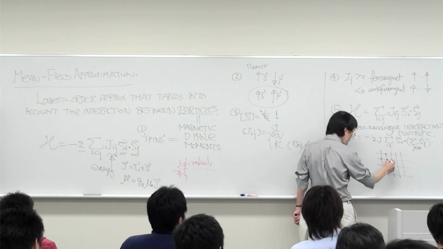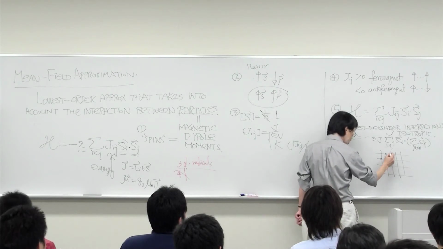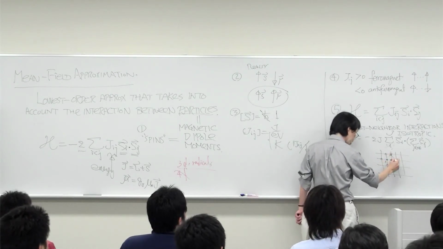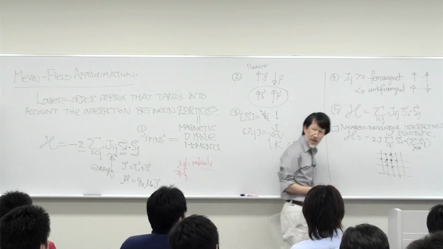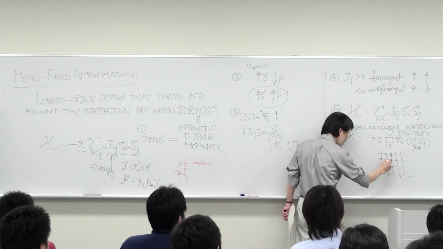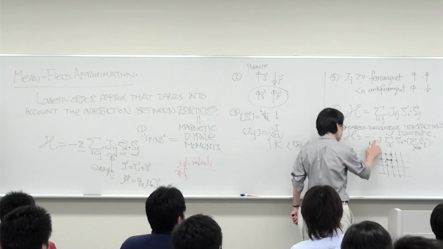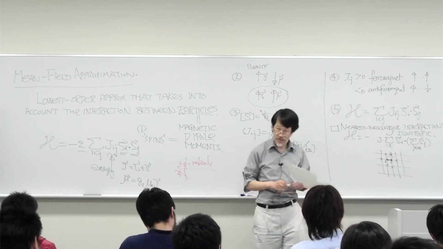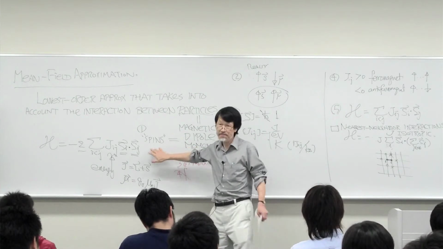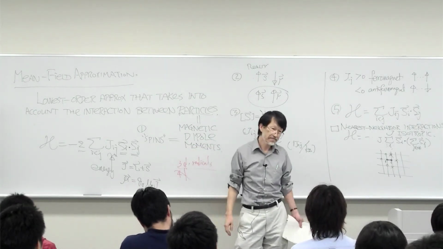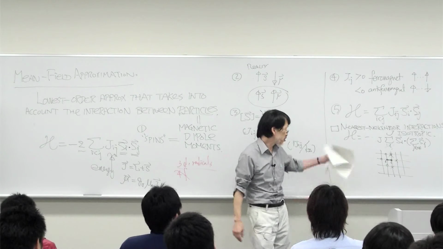But when I call this one i, then nearest neighbors are here, cross, cross, cross, cross, right? So this pair, I have counted twice, right? So to take care of that, you have to drop to here. Okay? Then this Hamiltonian is exactly the same as this one, right? You're not doing the double counting. Got it?